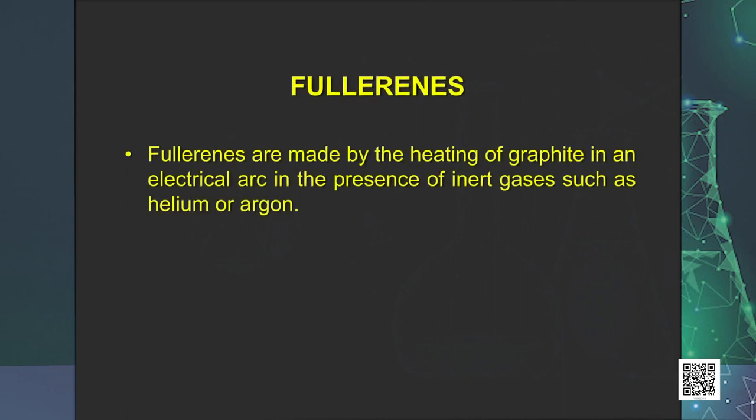The last allotropic form that we are going to study is fullerenes. Fullerenes are made by the heating of graphite in an electrical arc in the presence of inert gases such as helium or argon.